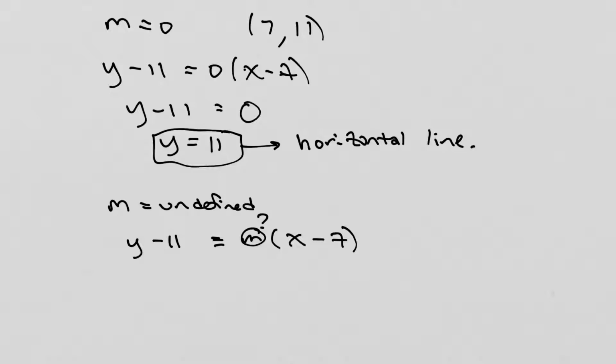So this is one of those cases where you're just going to have to look at this, and you're going to have to recognize that when the slope is undefined, that does give me a vertical line. And for a vertical line, the x values are always the same. And in this case, since our function is actually going through the x value of 7, that tells me exactly what the line has to be. So in this case, the line would be x equals 7.